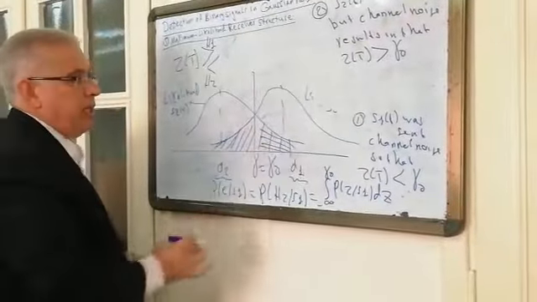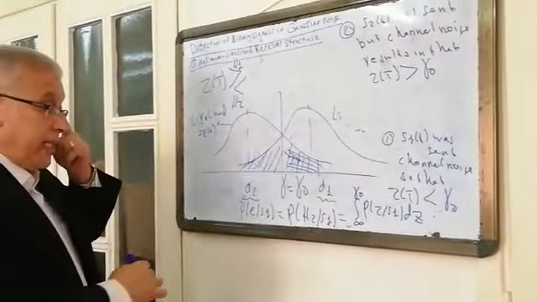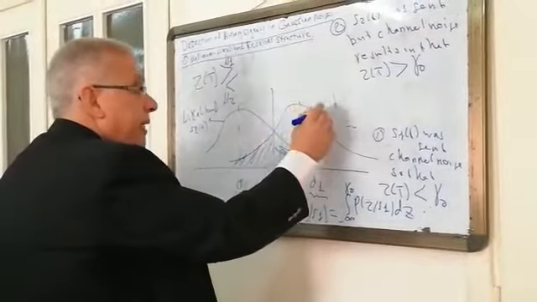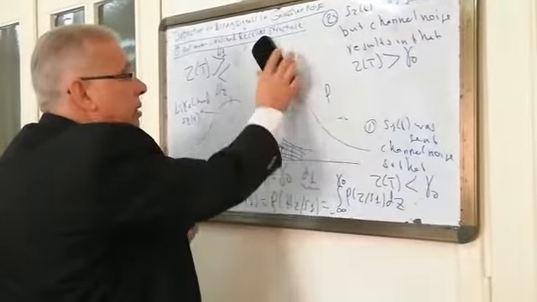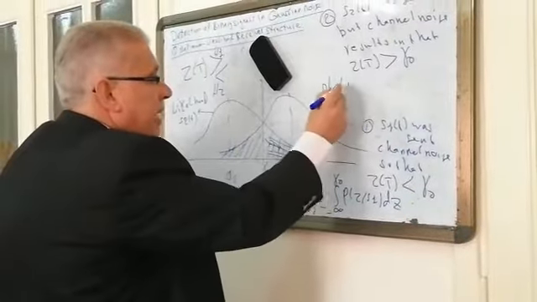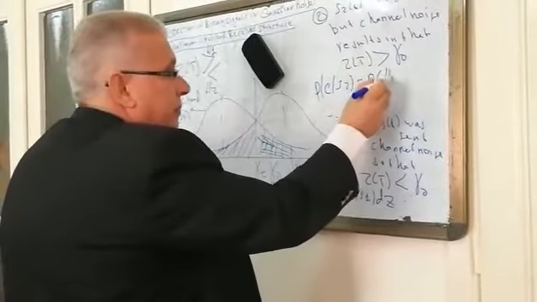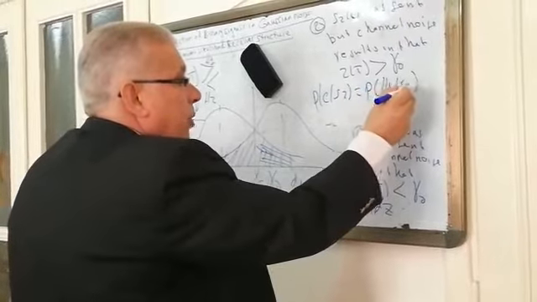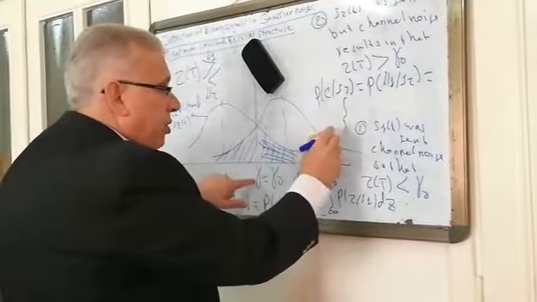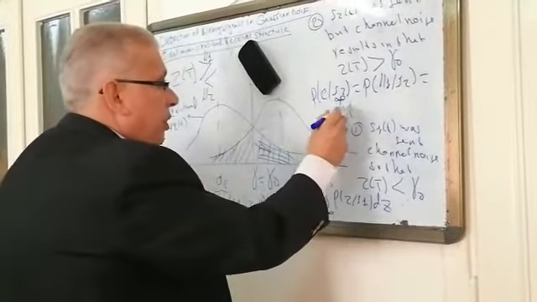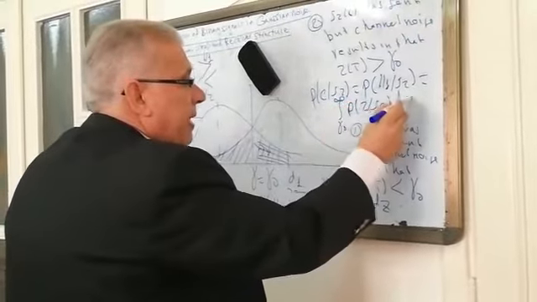This is the area here. So in this case, the second error will be called P_E(S2), which will be equal to P(H1|S2), and will be equal to the integration from our threshold up to infinity of p(z|S2) dz.